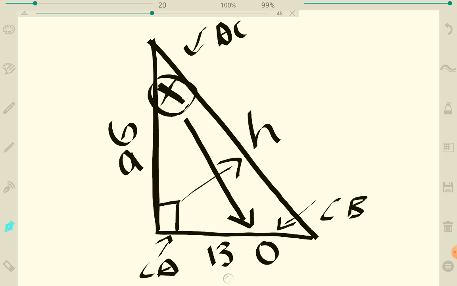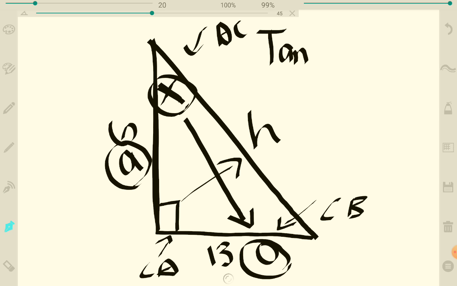So we need a trig function that uses opposite and adjacent. The trig function that uses opposite and adjacent is tan. So we write down tan x equals opposite over adjacent, so 13 over 6.